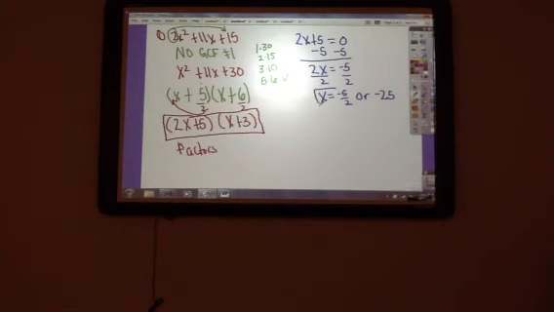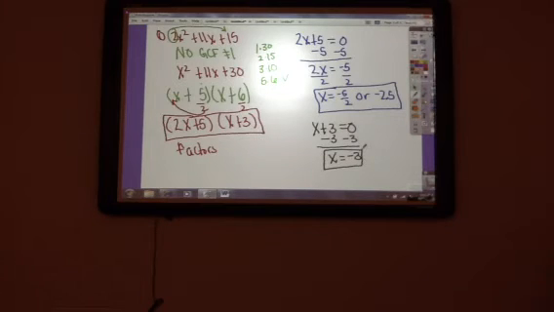So this is one of your two solutions. Now, the next one that we're going to use is x plus 3. That was another factor that involved a variable. So we need to set it equal to 0, subtract 3 from both sides, and we have x equals -3.